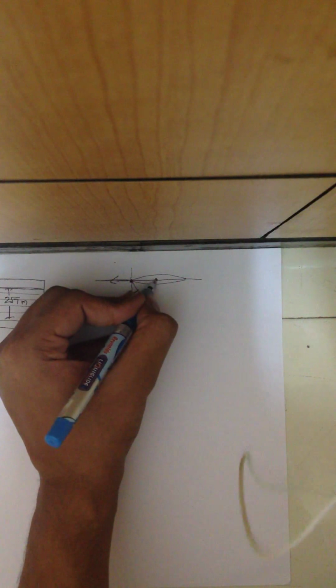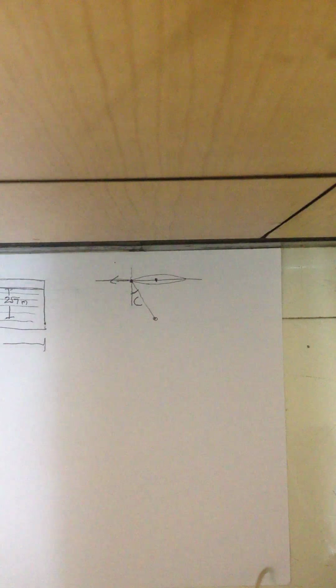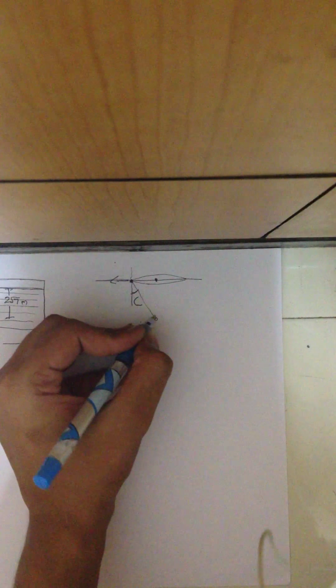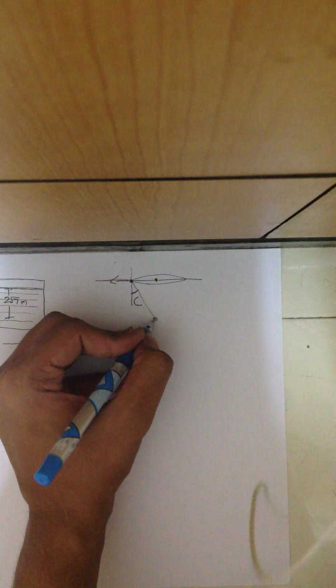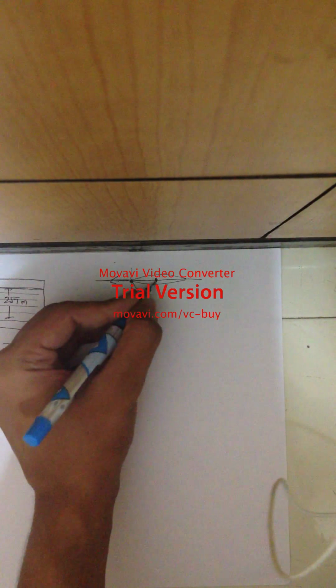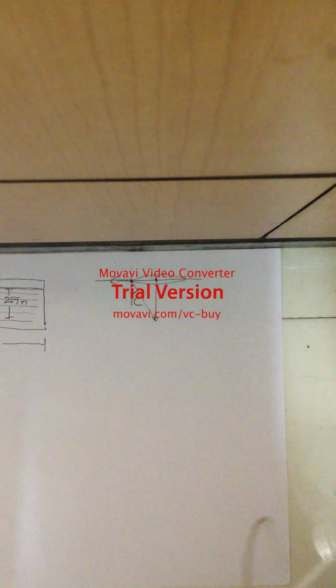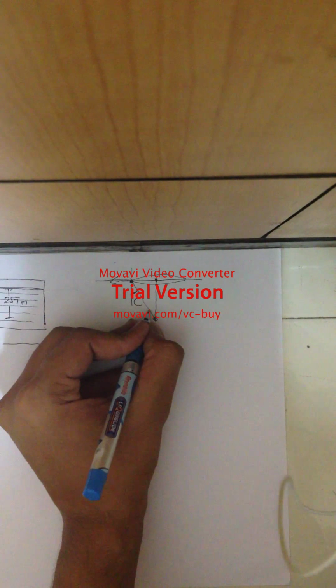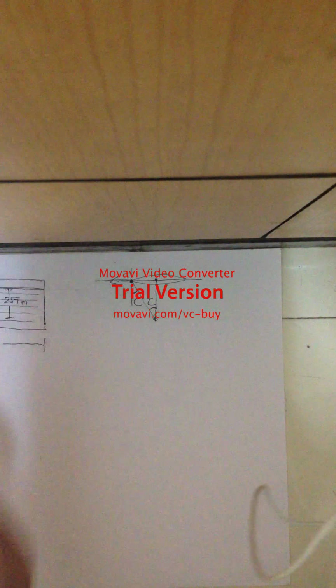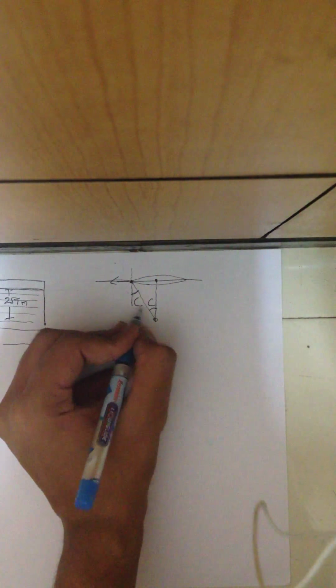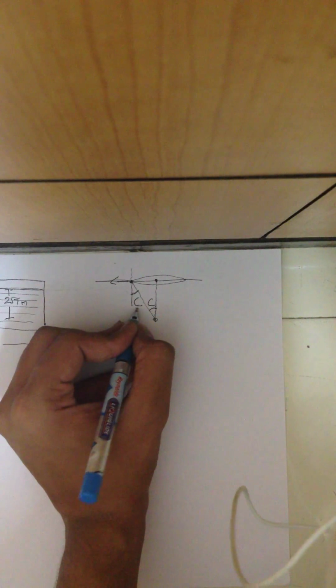Now let's suppose this is the center of that circular area which the light from the bulb coming out encloses, right? I'll extend this line, and obviously from the geometry of the figure, this angle is also equal to C. Let's suppose that C is my critical angle.